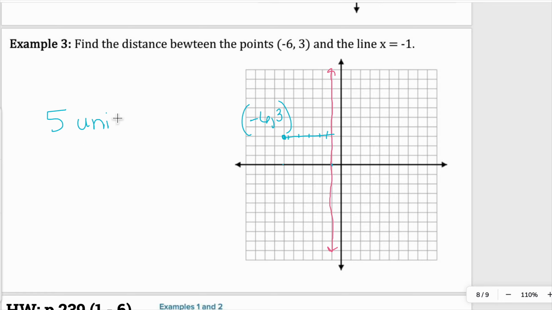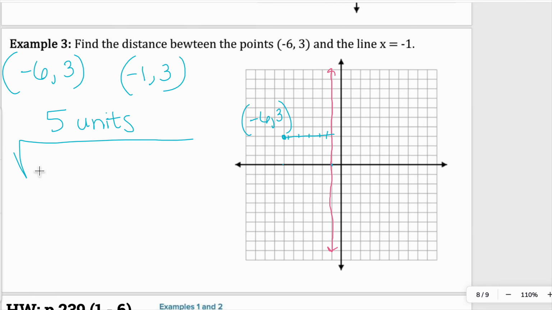Okay. Now, what I could do is I could still use this and say that my points are (-6, 3) and (-1, 3). But when I plug these into my distance formula, I would still get the same thing.